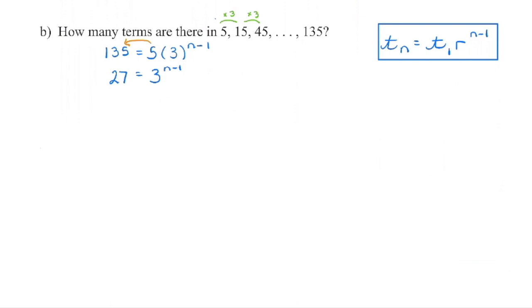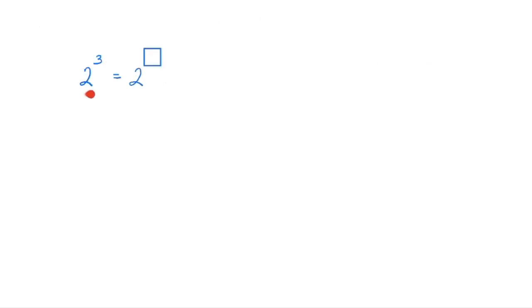At this point, we have an exponential equation because we have an exponent that's a variable, but we don't actually learn how to solve exponential equations until we get to the next course. So we're going to get kind of a preview here. Let's say that I told you we had 2 powers with the same base and they were equal to one another. So if the exponent on my first power is 3, what would the exponent on this power have to be? Hopefully you can see it would be 3.